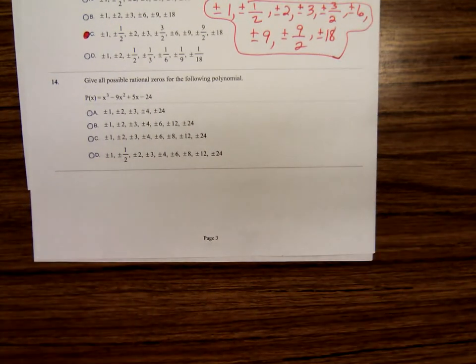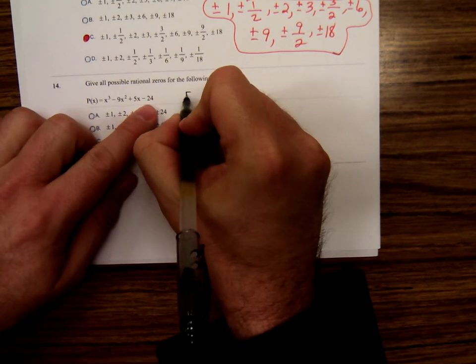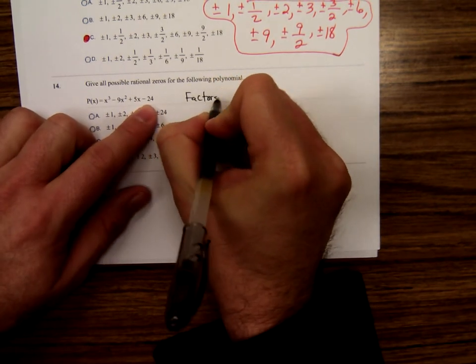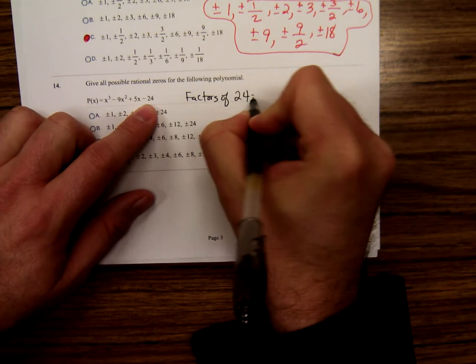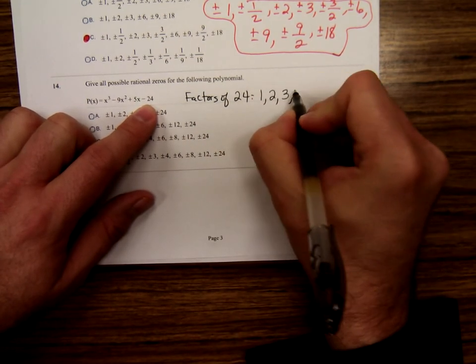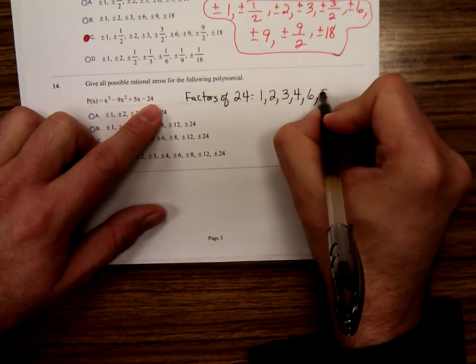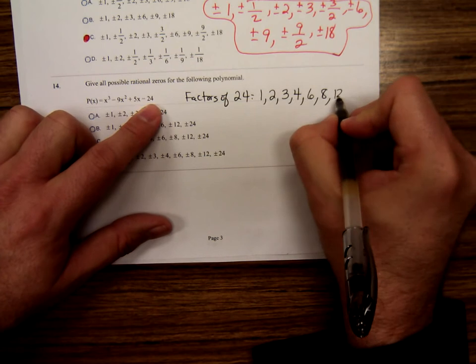Oh, this one's going to be pretty easy, isn't it? The constant term is 24. So 1, 2, 3, 4, 5 doesn't divide into it, 6, 8, 12, 24.